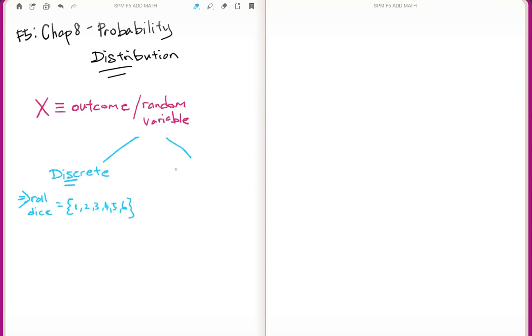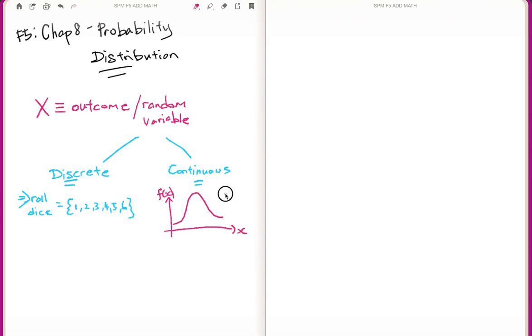Another random variable is called the continuous random variable. In a continuous random variable, you're going to have a bell chart, a bell graph, where these are the outcomes and the y-axis is the probability of getting it, normally in a bell shape.